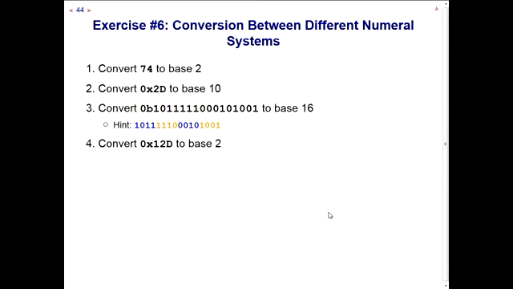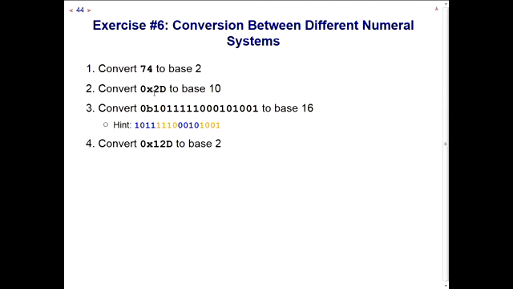Anyone? 64 plus 10, yes. So you've got 1 for 64, then 0 for 32, 0 for 16, and then 1 for 8, 0 for 4, 1 for 2, and 0 for 1. Yes, very good.